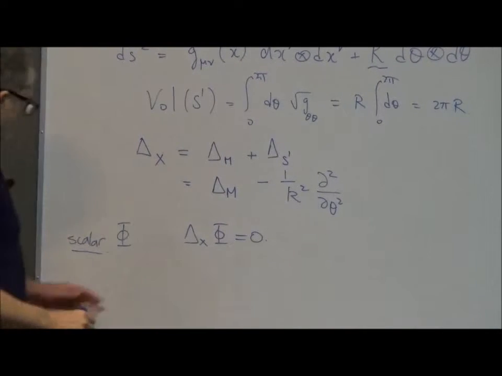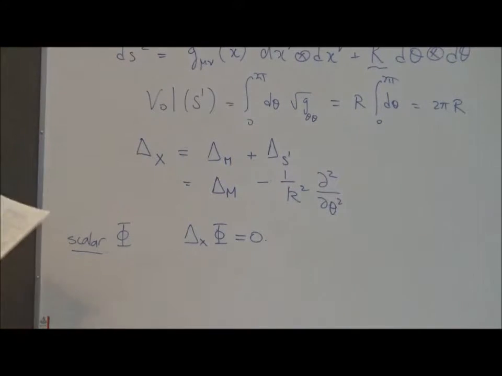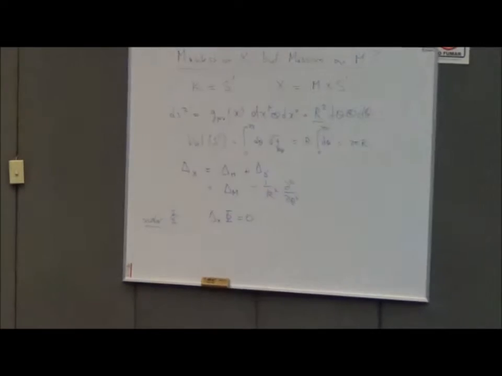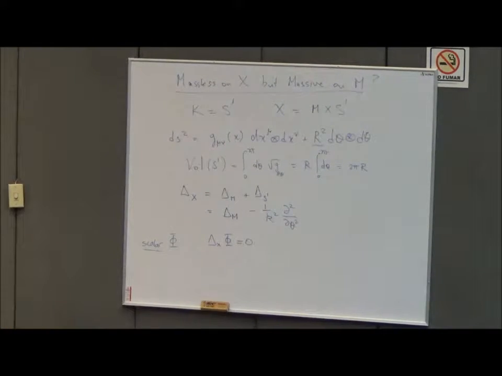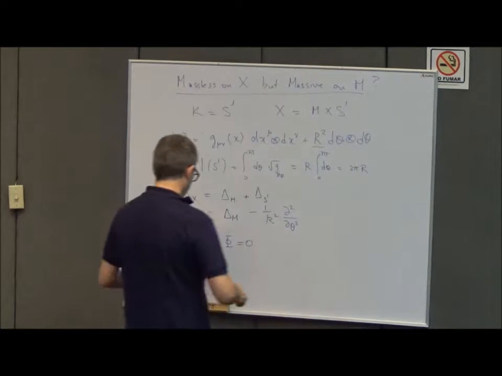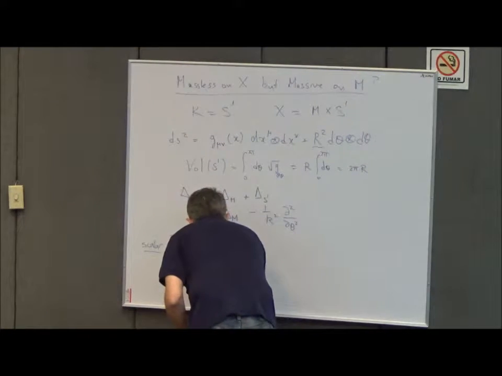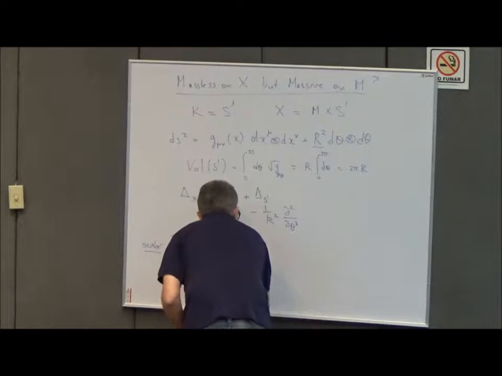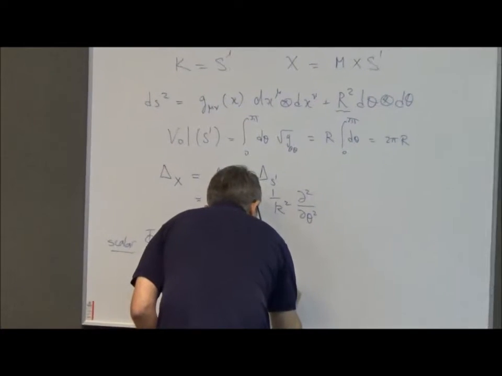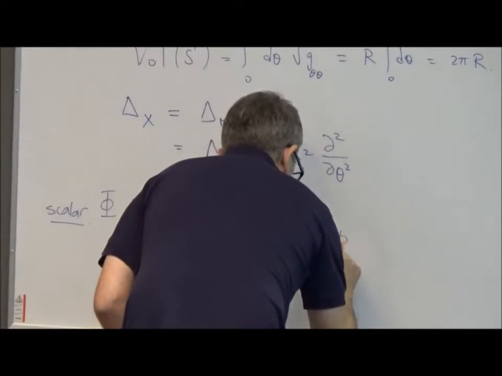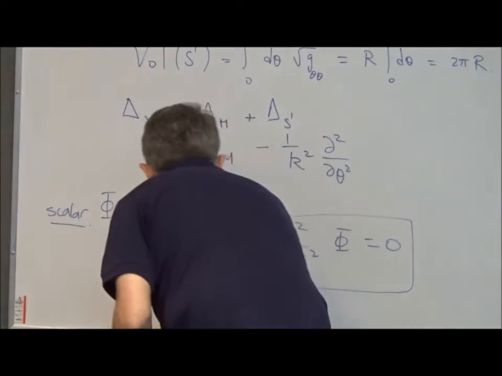And the equations of motion look just like this. So I want to solve those equations. And the first thing I'm going to do is use this formula to say that what I really want to solve is D_m D^m φ minus 1 over r squared, d squared θ squared, φ is 0. So this is actually the equation of interest.